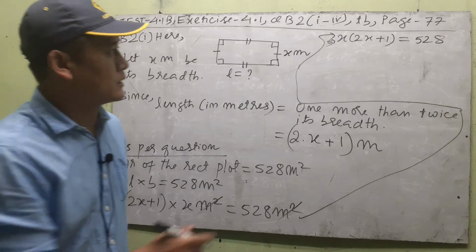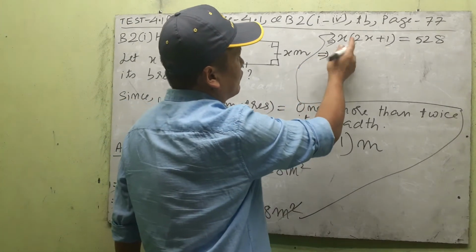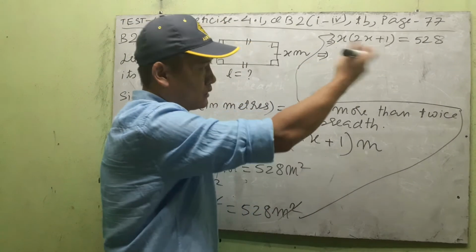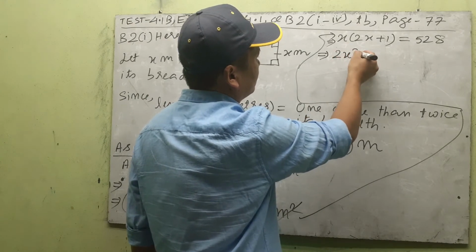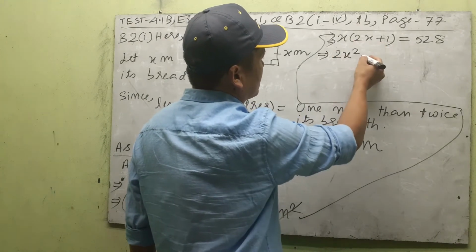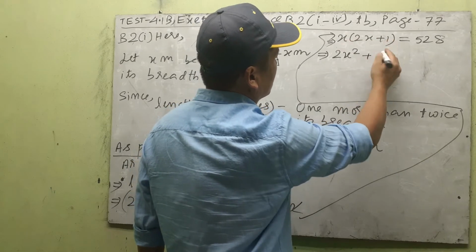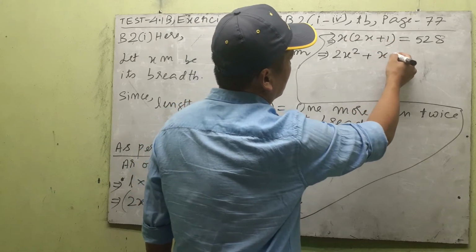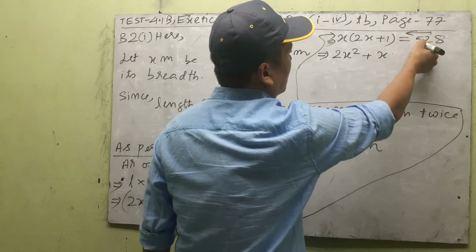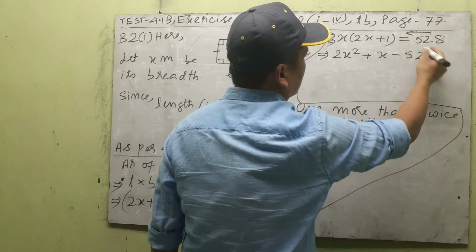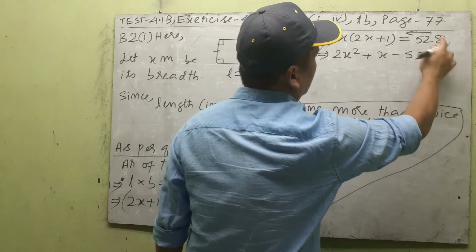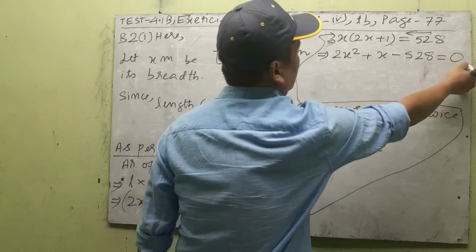Meter square is cancelled. So we have to form the quadratic equation. So we keep on simplifying. x into 2x is 2x square. Plus into plus is plus. x into 1 is x. Then you bring this 528 to this side. Plus becomes minus, shifting from right to left, so the sign will change. Nothing is left on the right side, equal to 0.